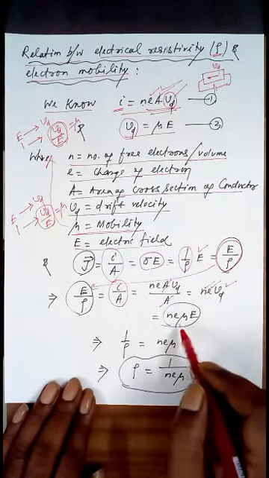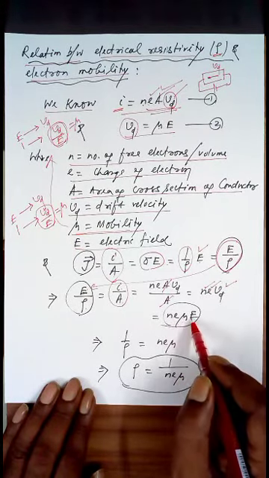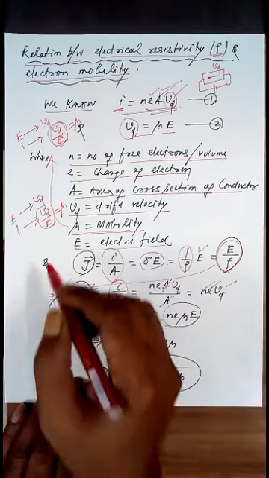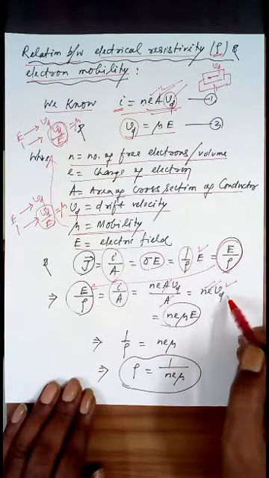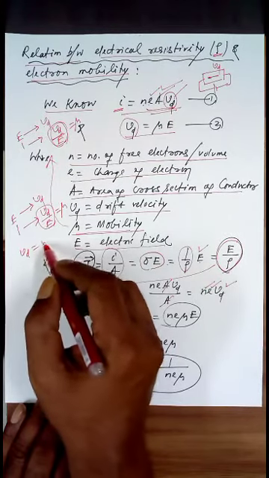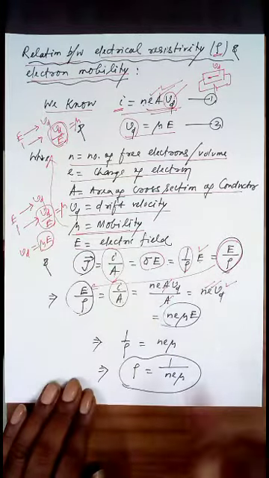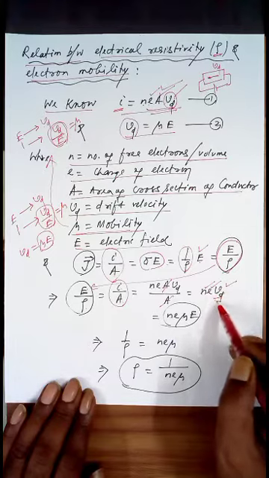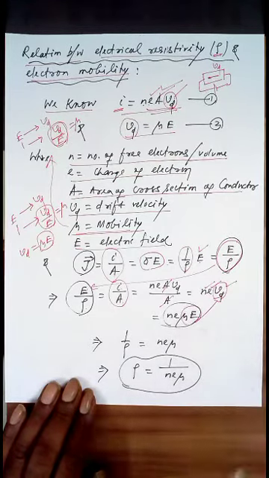So that is equal to n e mu E, because for VD, from here, drift velocity is equal to mu times E by cross multiplying. So for drift velocity, I write mu E.